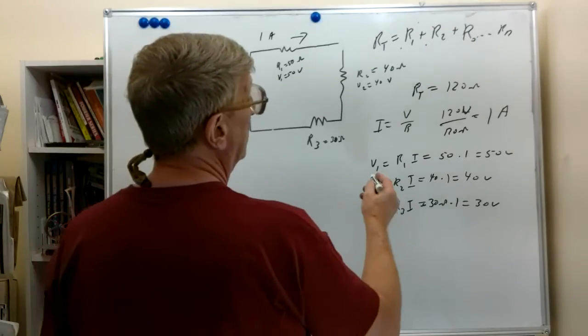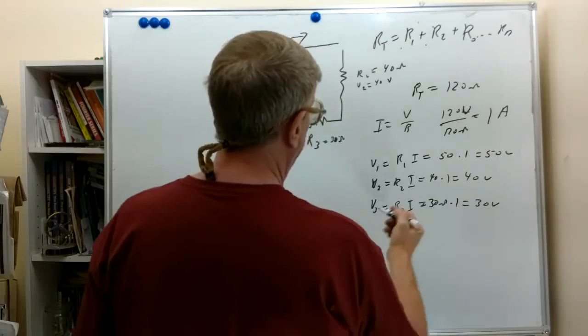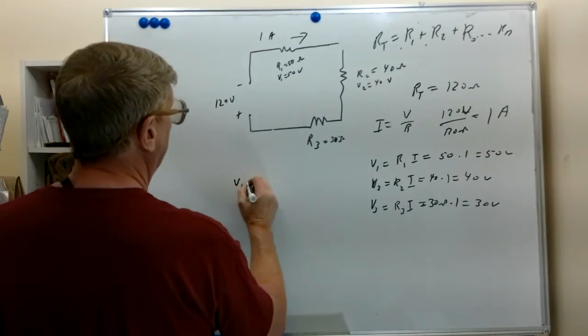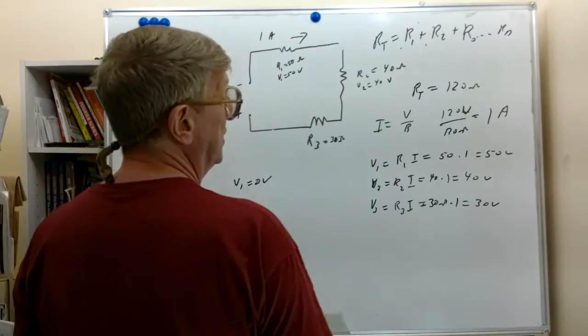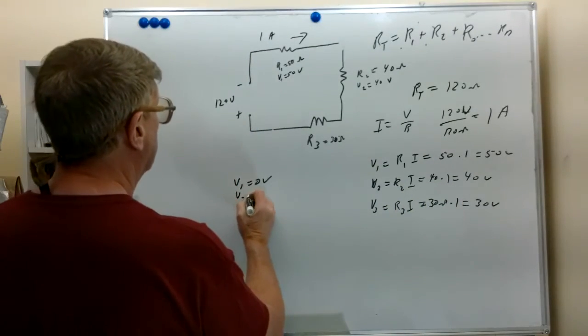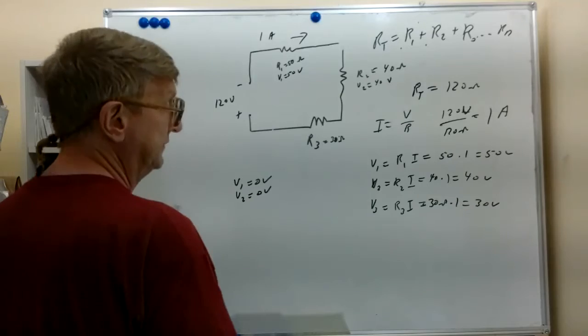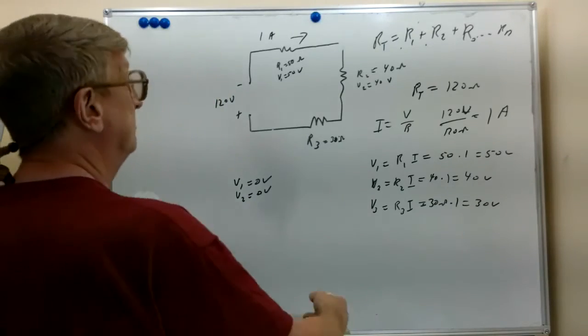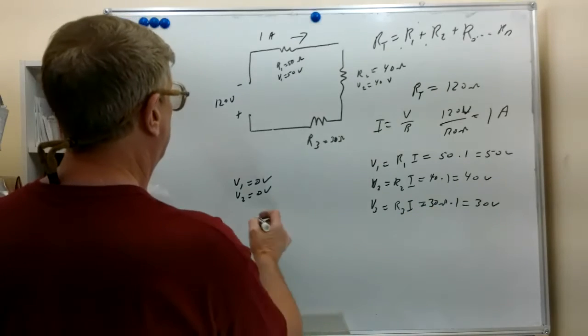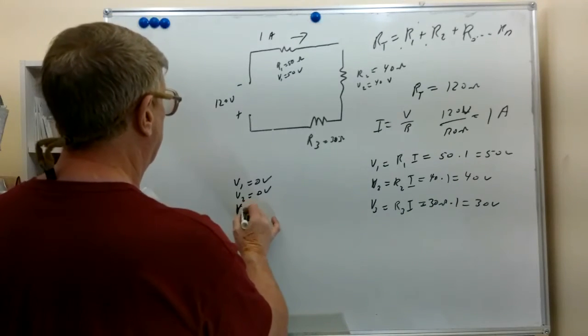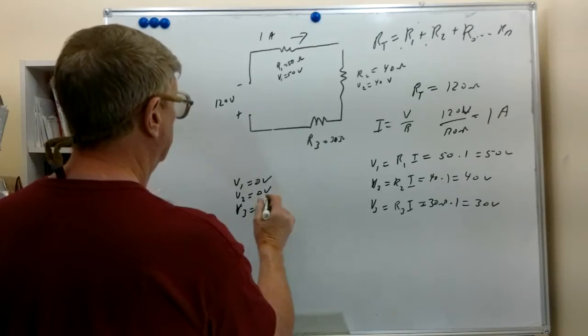If the current is 0, V1, 50 times 0, V1 becomes 0 volts. V2, 40 ohms times 0, V2 becomes 0 volts. V3 is the 30 ohm resistor times the 0 current. V3 also becomes 0 volts.